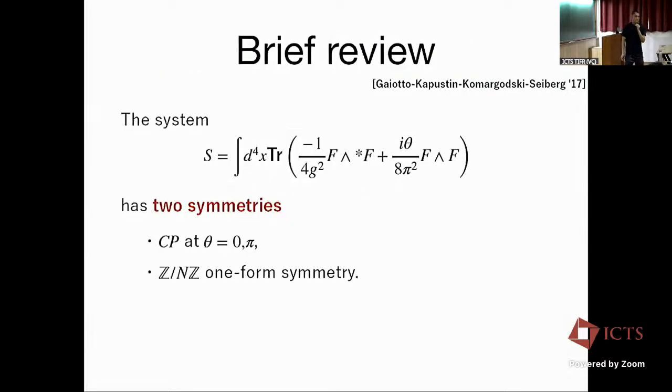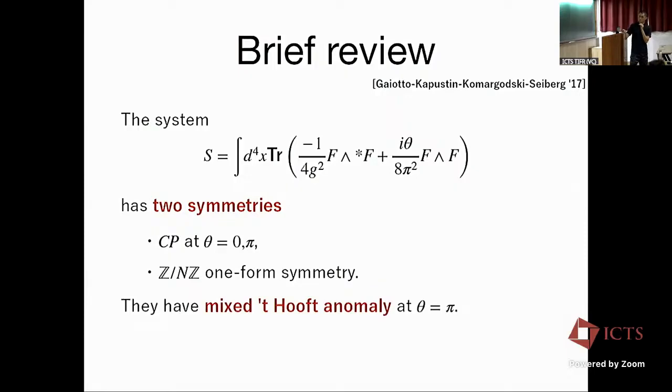And here's a brief review of their argument. The system is given by this action function. The details are not important, but the important thing is that if you take theta equal to 0 or pi, this is the theta parameter, then the system has CP symmetry. And also for any theta, the system has a Z_N one-form symmetry. And what they found is that these two symmetries have a mixed 't Hooft anomaly at theta equals pi.